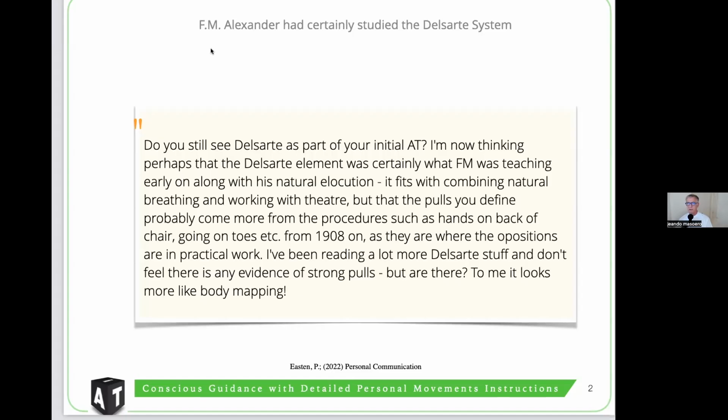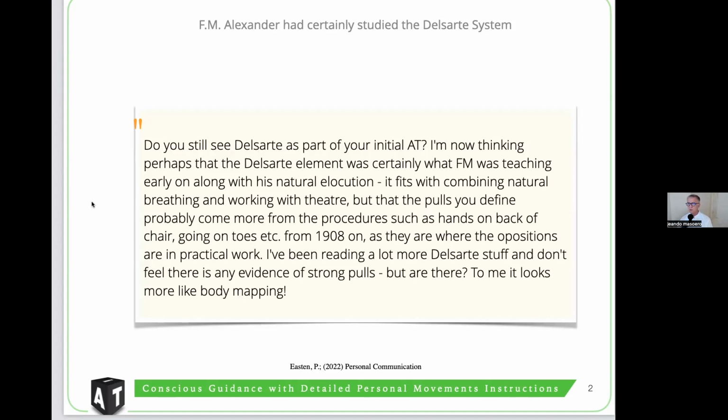Apparently it's working. So do you still see Delsarte as part of your initial Alexander technique? And that person says, I'm now thinking perhaps that the Delsarte element was certainly what FM was teaching early on, along with his natural elocution. It fits with combining natural breathing and working with theater.